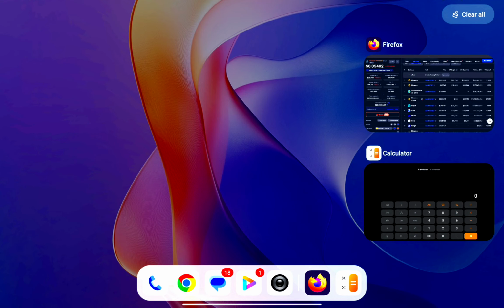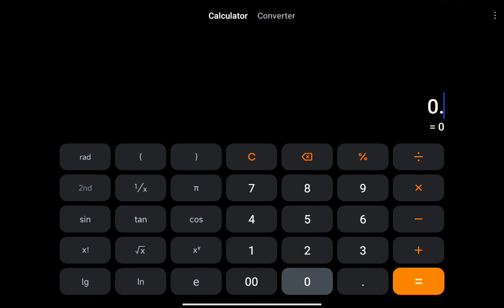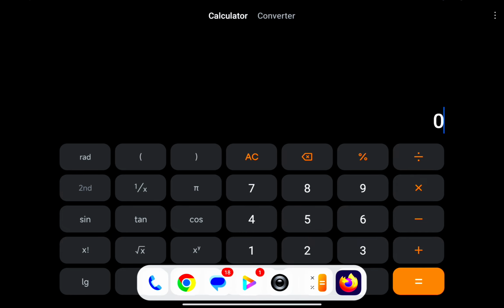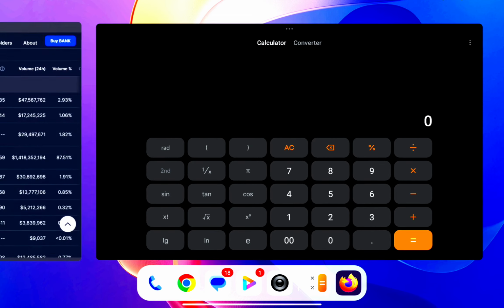So let's do a quick math on this. Let's say you're getting about $0.003 per token, and you're able to sell up to 1 million of this token. That's quite a lot of money, $3,000 in profit. But for you to do this, obviously you have to use a lot of money.